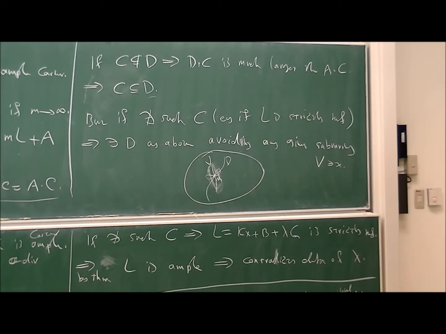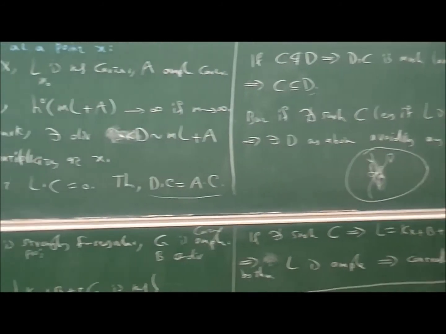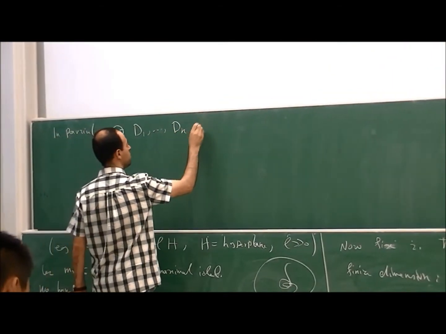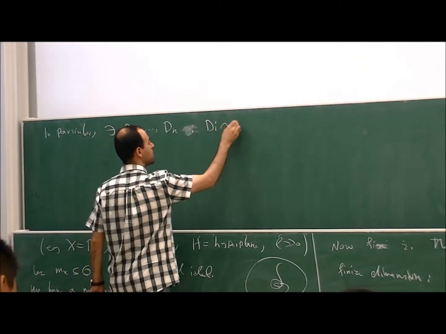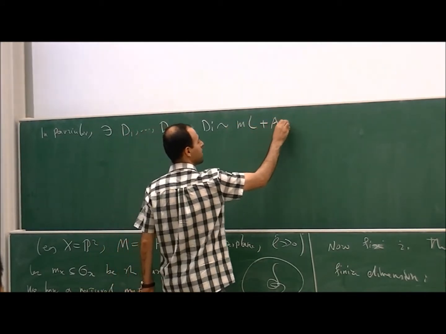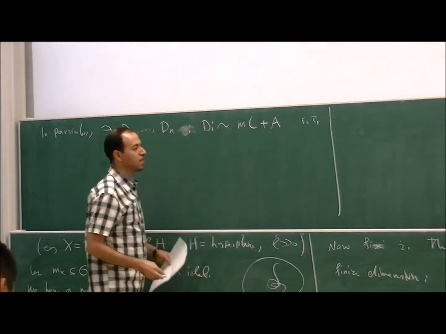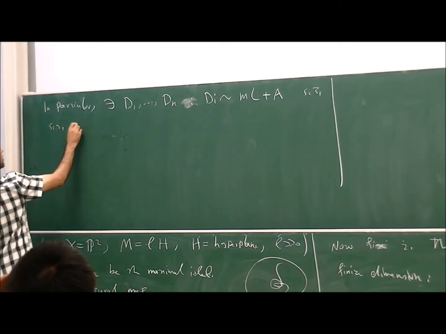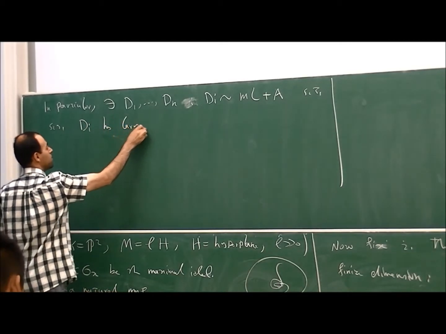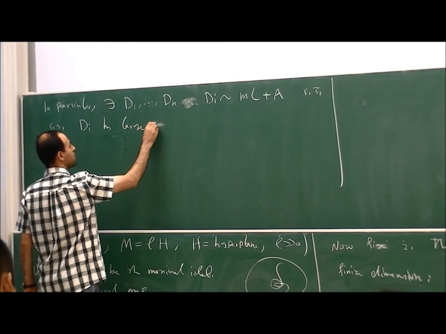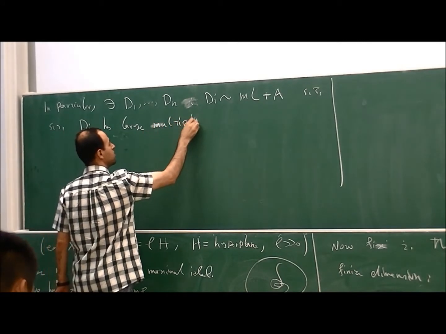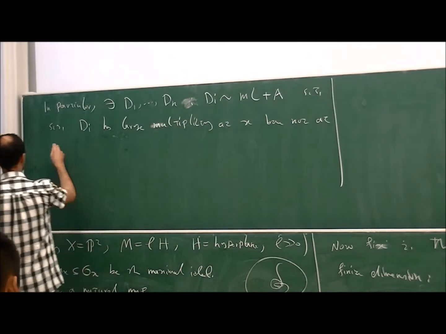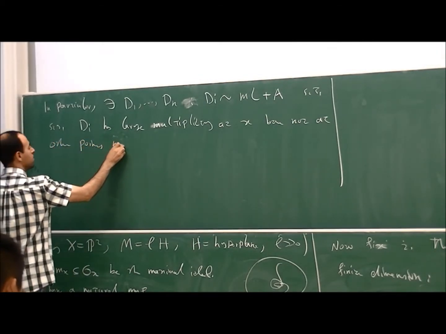So in particular, we can find D1 to Dn, the Di's are all linearly equivalent to mL plus A such that every Di has a very large multiplicity at x, and such that this is not the case for any other points, such that Di has large multiplicity or singularity at a given x, but not at other points near x.